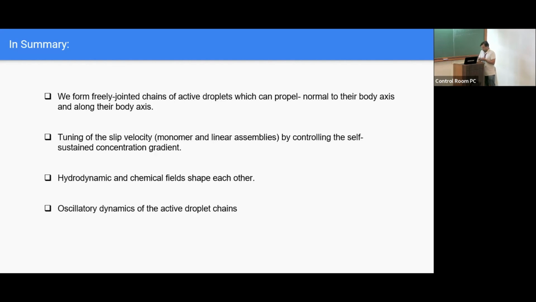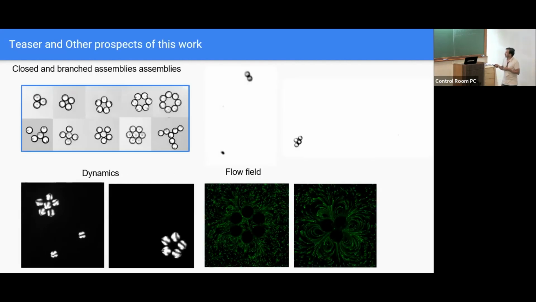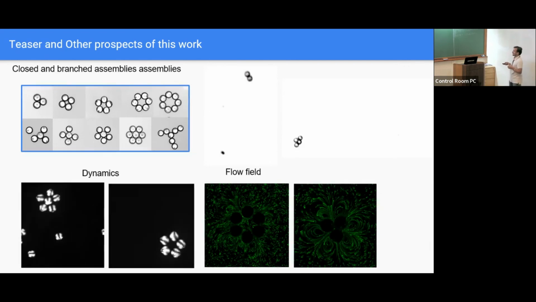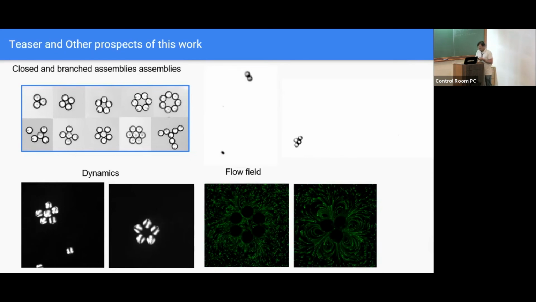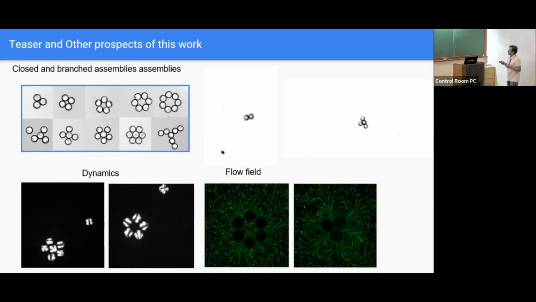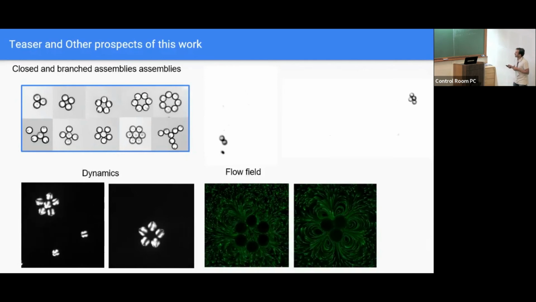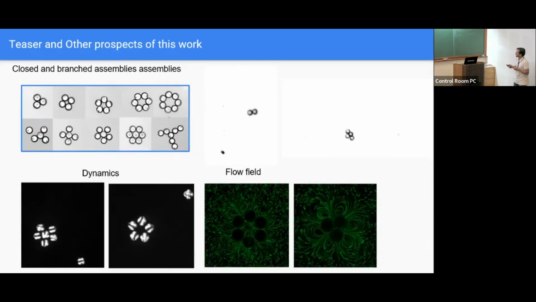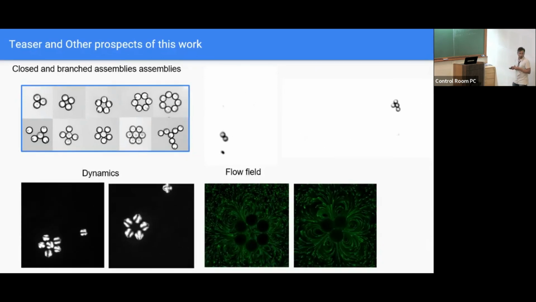Apart from that, we are also able to generate structures which are closed and branched and which have interesting dynamics. For example, the dimer has a run-and-tumble kind of motion. Here they act like a pusher when they self-propel.